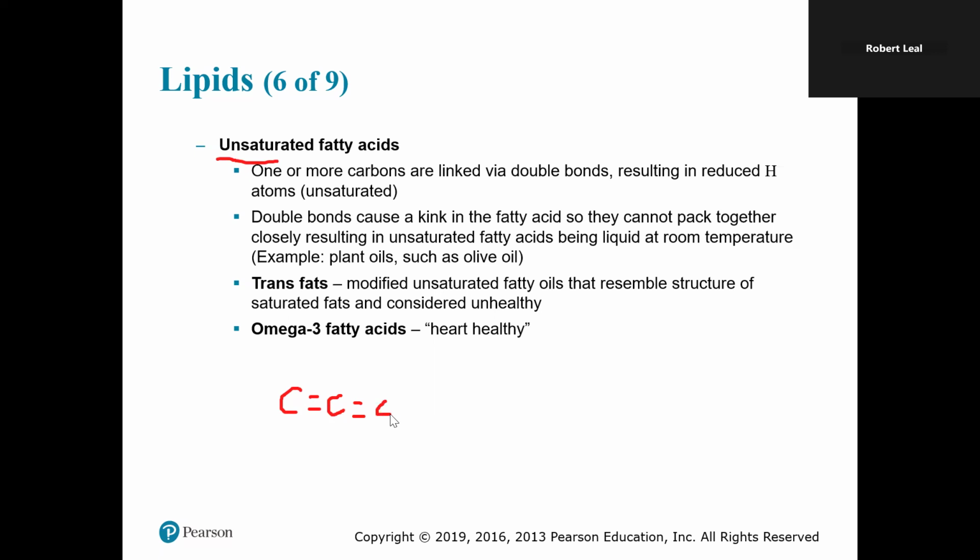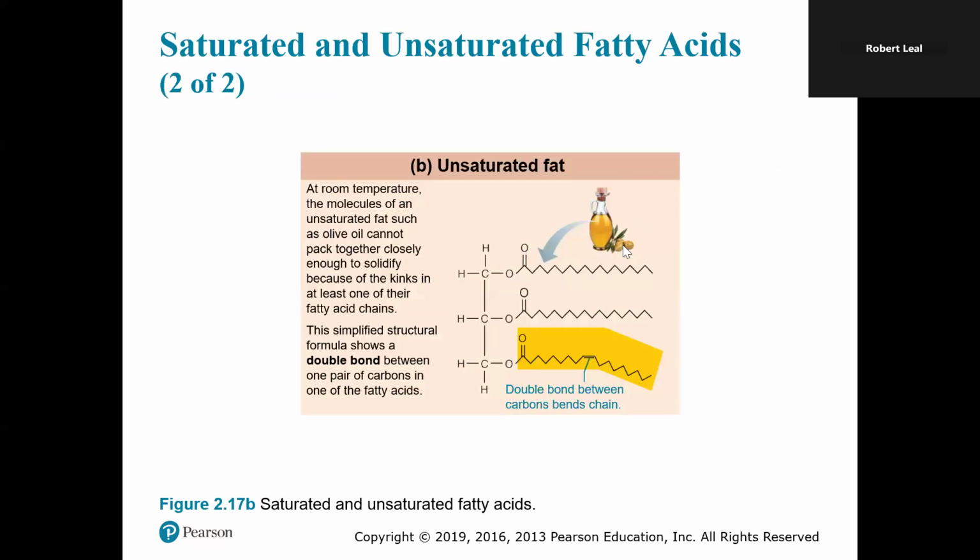If you see more than one of these double bonds, we say it's polyunsaturated. Typically these will remain in liquid form at room temperature. So think of plant oils, olive oil. You'll see here the double bond causes a bend in this fatty acid. It's an unsaturated type of fat.